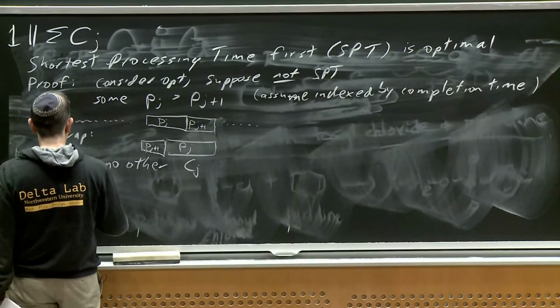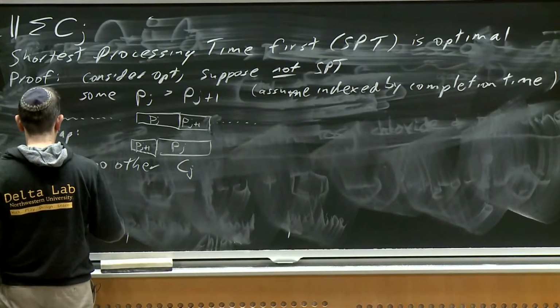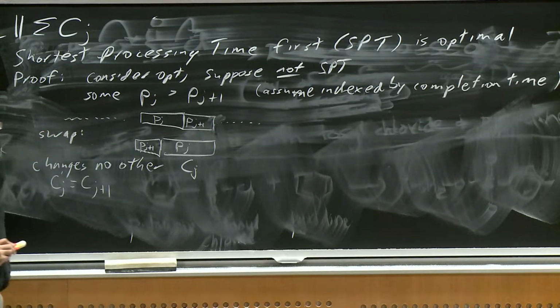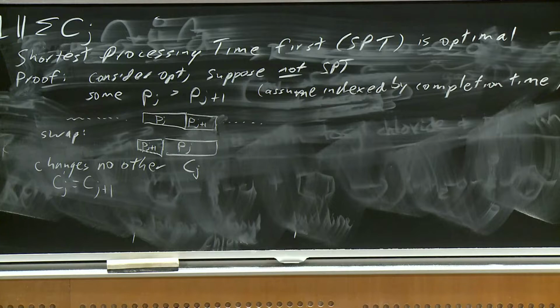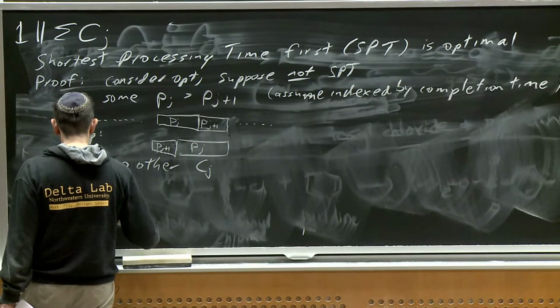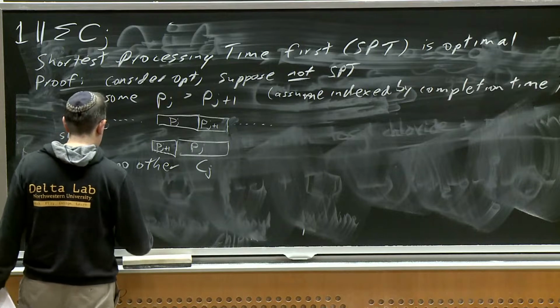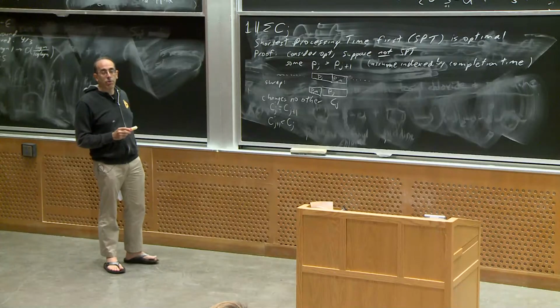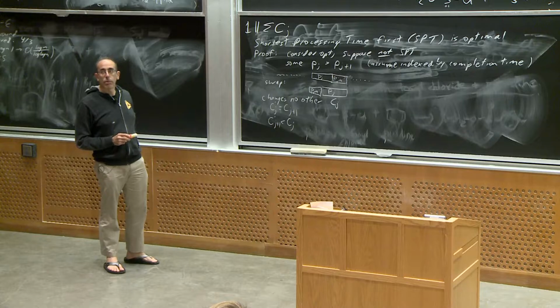Now, under this swap, Cj prime is equal to the old Cj plus 1, but C prime j plus 1 is strictly less than Cj. So we've decreased one of the completion times without increasing anything, and so we've got a better schedule. Okay.